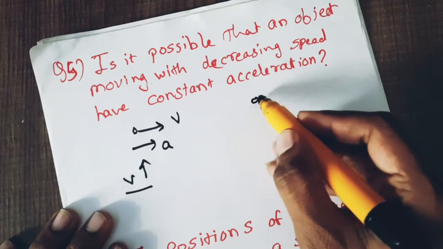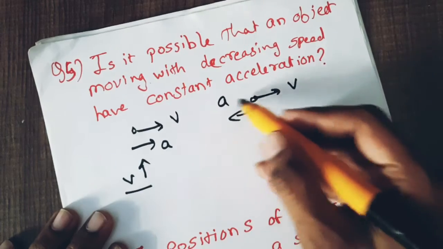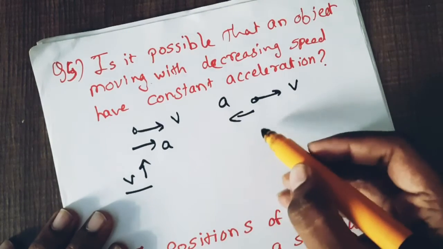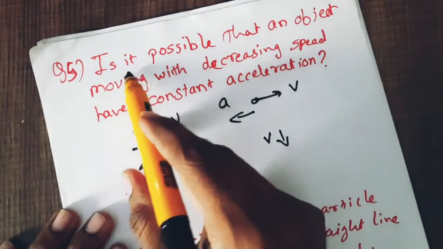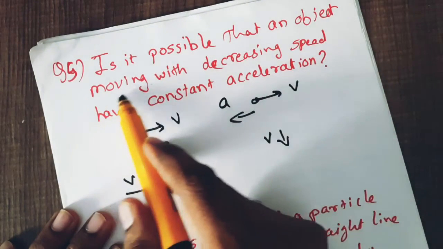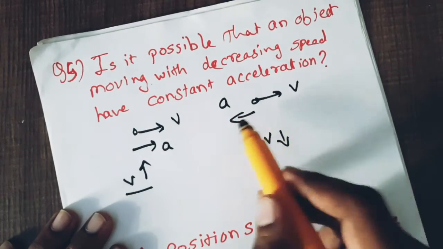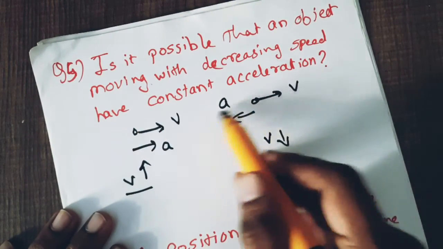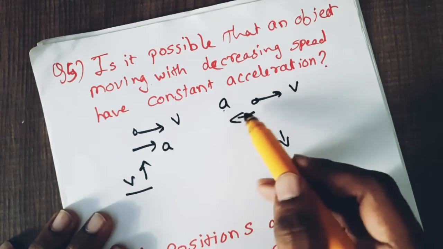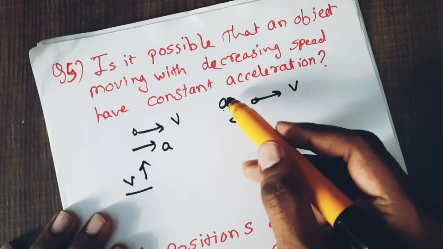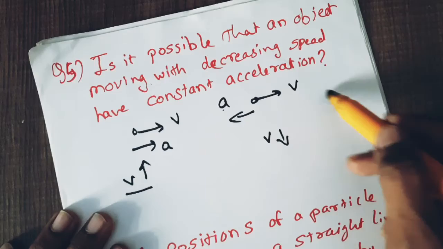And if velocity and acceleration are in opposite directions, or at some angle like this, then velocity will decrease. So as far as the question is concerned, the answer is yes. If velocity is forward and the object has backward acceleration opposite to the velocity direction, and this acceleration is constant, then the velocity will still decrease.